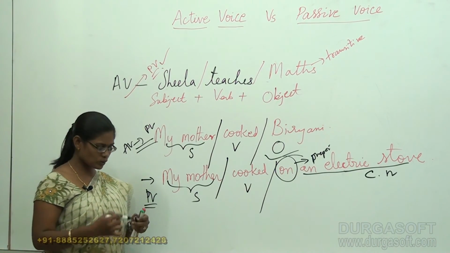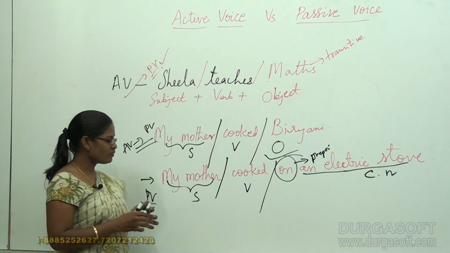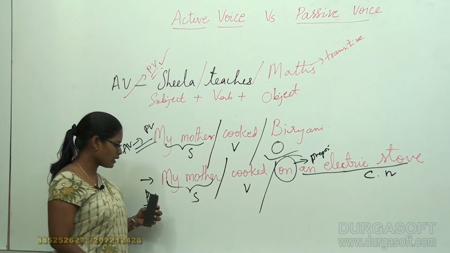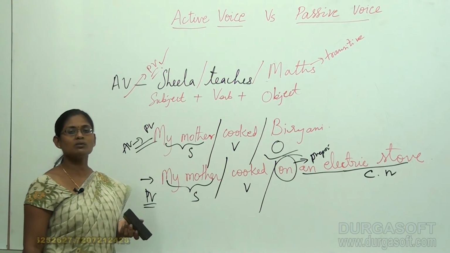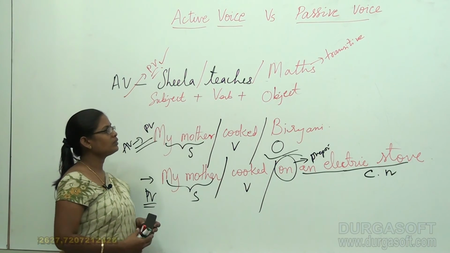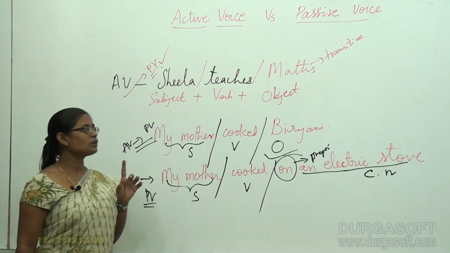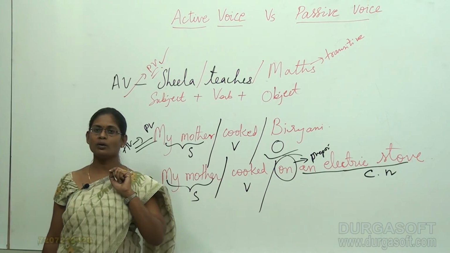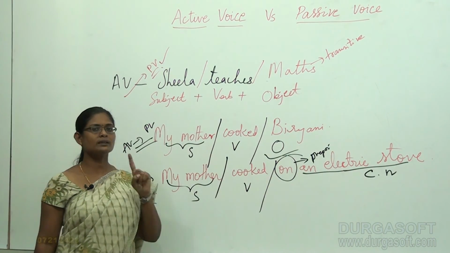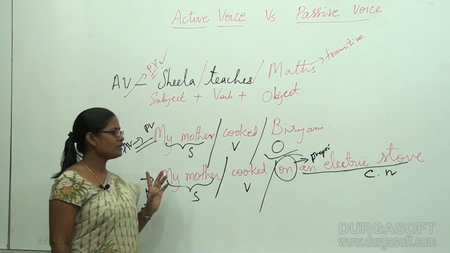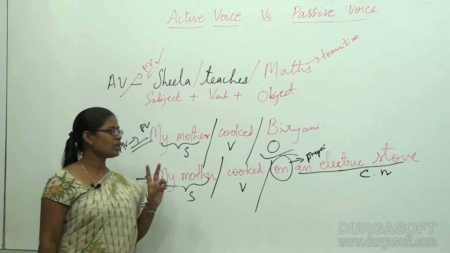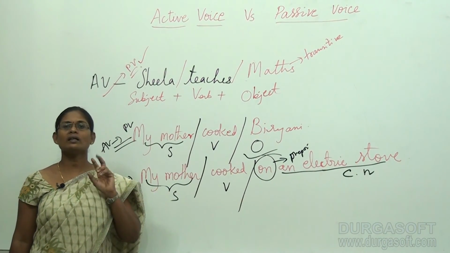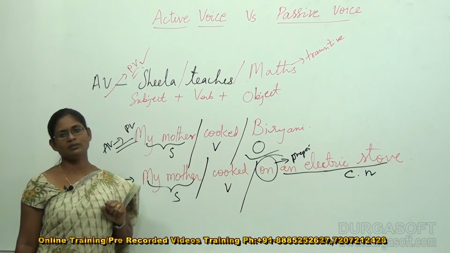Is it clear, students? So as of now, what are the rules that we have discussed regarding active and passive voices? Very good. We have discussed that to convert an active voice into passive voice, an object is compulsory. And second, we cannot convert intransitive sentences into passive voices.